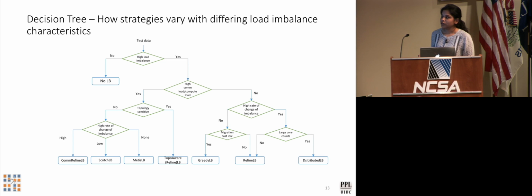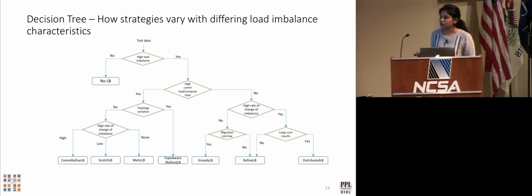If not, then you look to see if there's a high rate of change of imbalance. If the rate of change of imbalance is very high, then you might want to use graph partitioning algorithms that are also refinement based, so that when there's a high rate of change, you would want to invoke the load balancer several times, and you would not want to incur the cost of a from-scratch algorithm, which has a lot more migrations and is expensive in terms of migration cost.